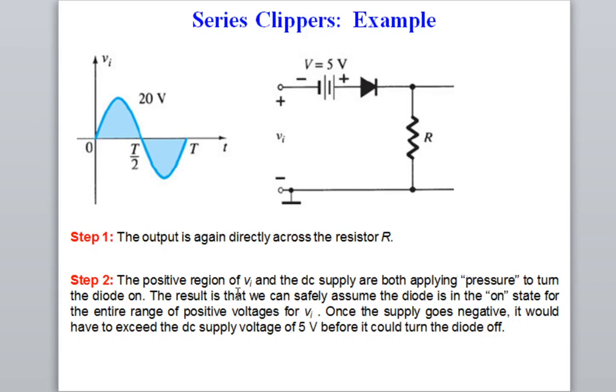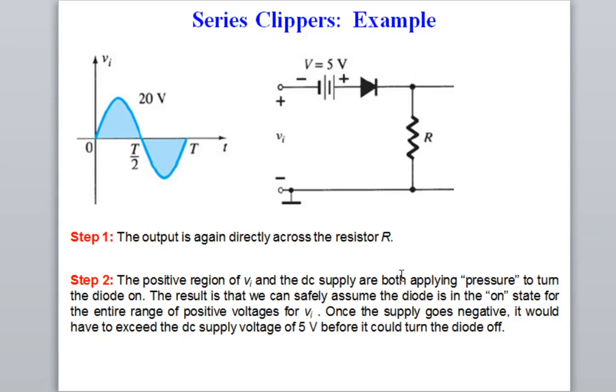The result is that we can safely assume that the diode is in on state. It means the diode is in conducting state for the entire positive region of the given input signal, the entire 0 to T half cycle.